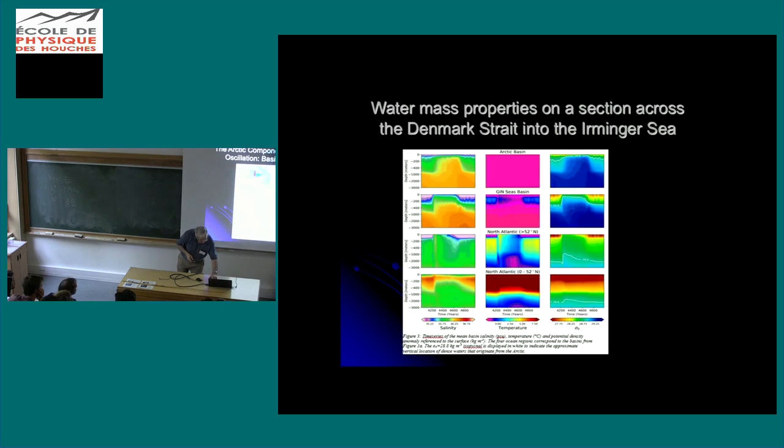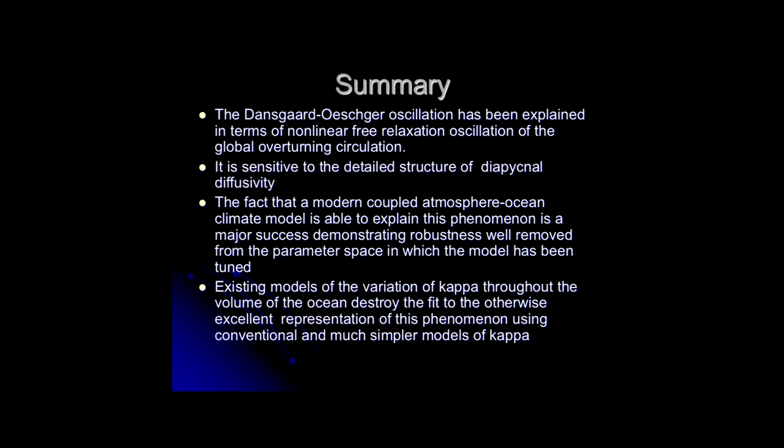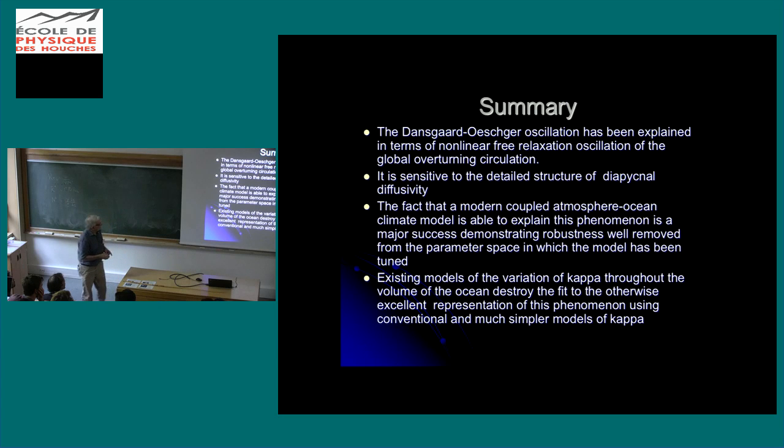Well, I'm going to go right to the very end, otherwise I'm going to get the hook. So just to comment, I think we've finally explained the Dansgaard-Oeschger oscillation process. It's explained in terms of a nonlinear free relaxation oscillation of the global overturning circulation.